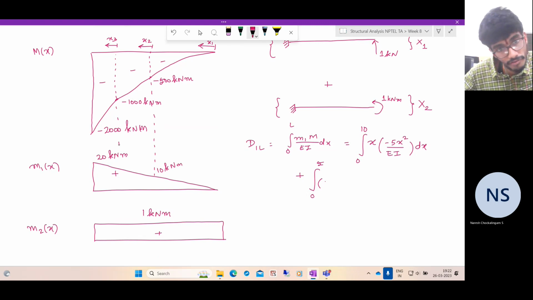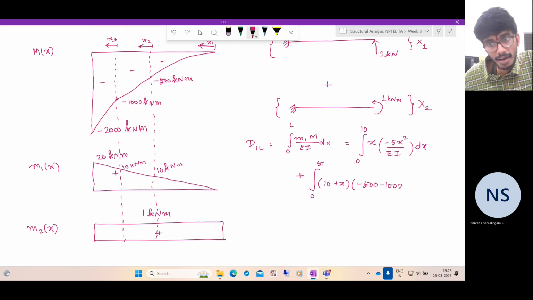Here it takes a value of 15 kilonewton meter. You can also extend it further down. So here it is just 10 plus x, into minus 500 minus 100x, dx. So we have covered region 2.